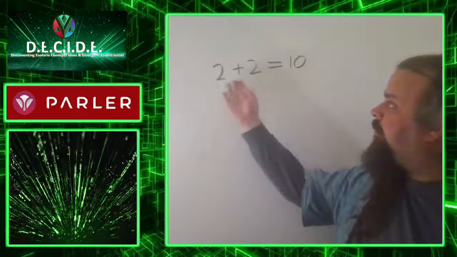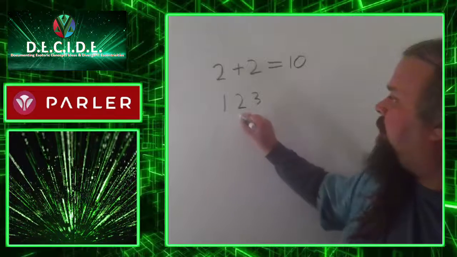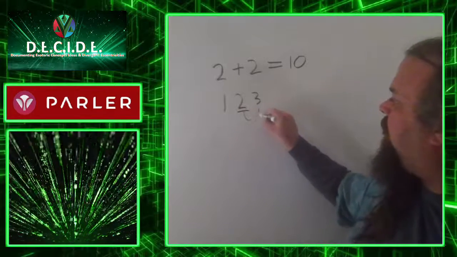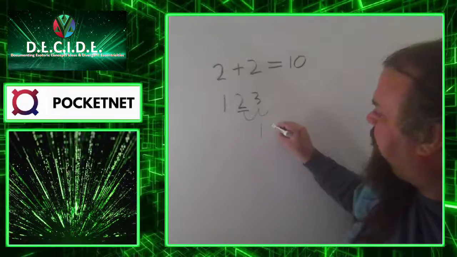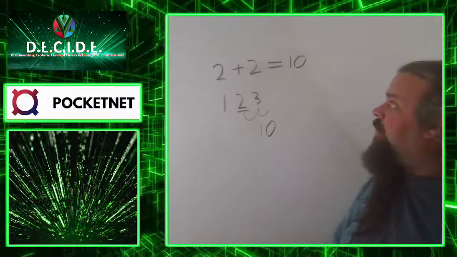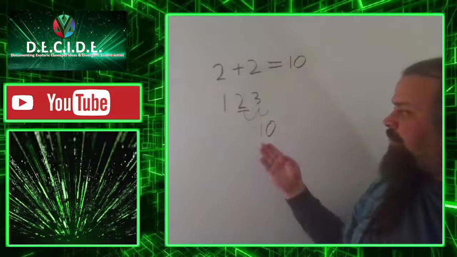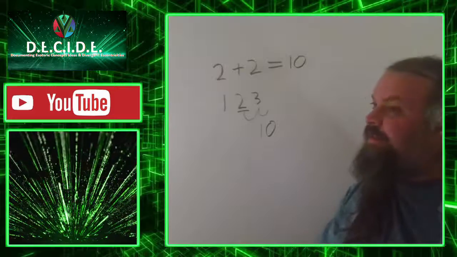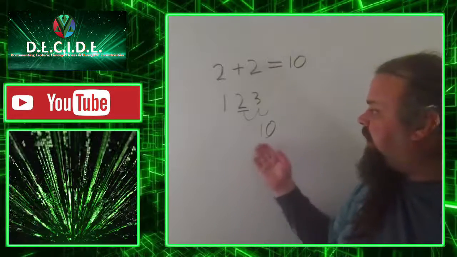So 2 plus 2, in base 4 we start at 2, go forward 1, 2, add the new digit, and put the 0. Therefore, using this system, 2 plus 2 equals 1, 0. 1, 0 in this case means 4, but it's still written as 10.